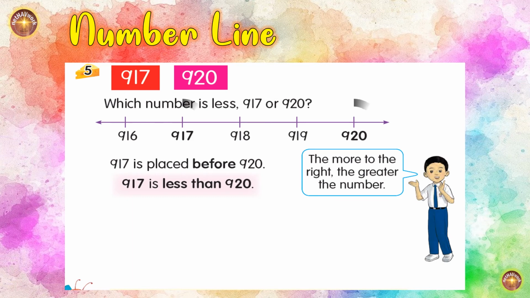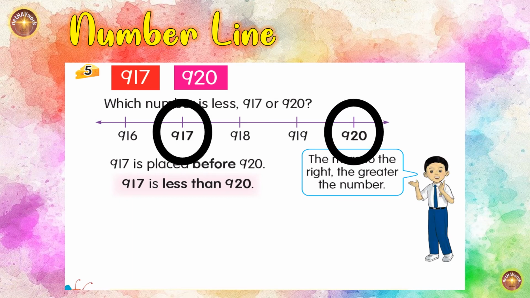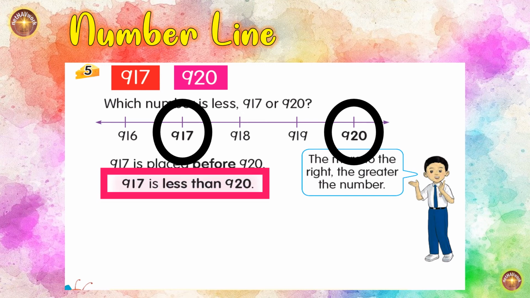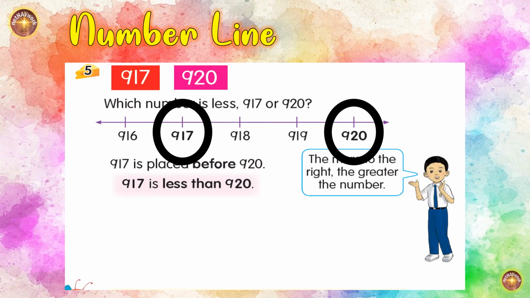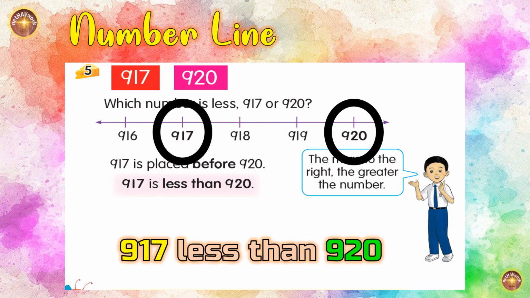Alright, so we have 917 and 920. So 917 is placed before 920. So 917 is less than 920. Alright?